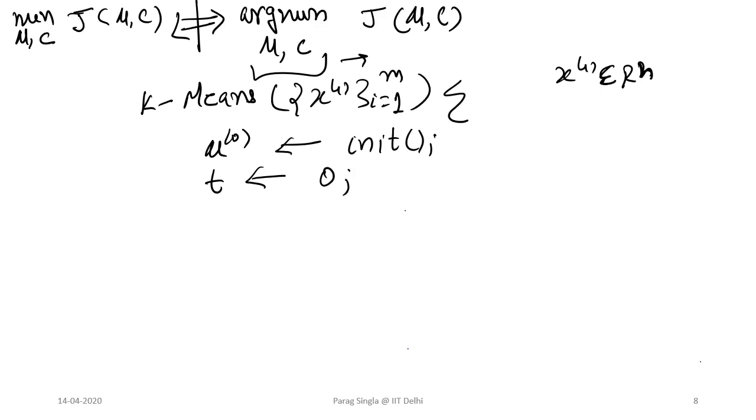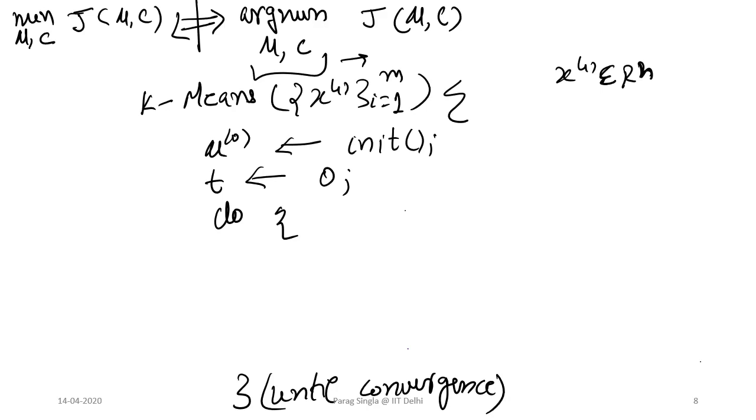So t goes to 0, and then we repeat this process until convergence. And what is this process? This process is exactly the two-step optimization. Step A, which is also the E step, is where we assign our c's given the mu's.